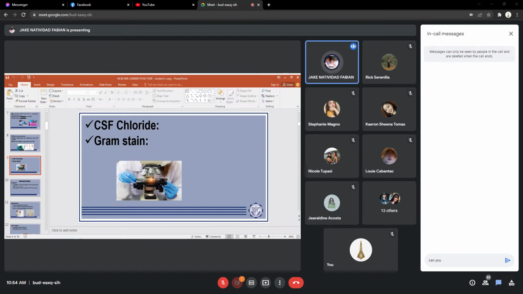So, when you say gram staining, it is done in the laboratory. I do not know if you have actually done it. If you have done it in your microbiology class, in UP Diliman, that's what we do every day.